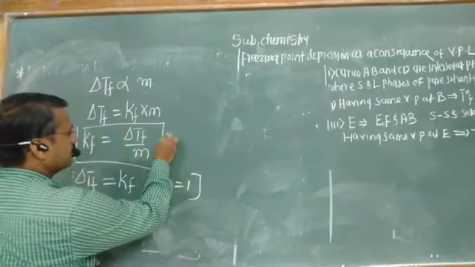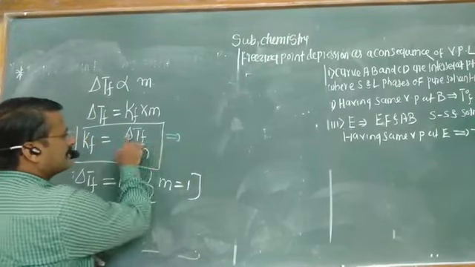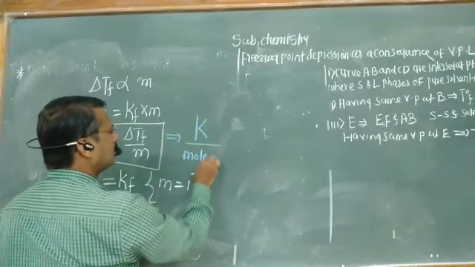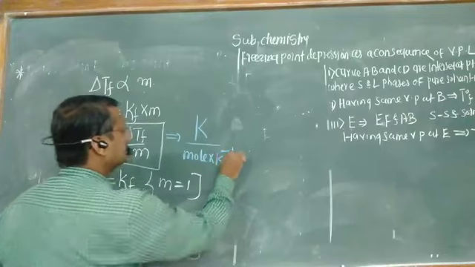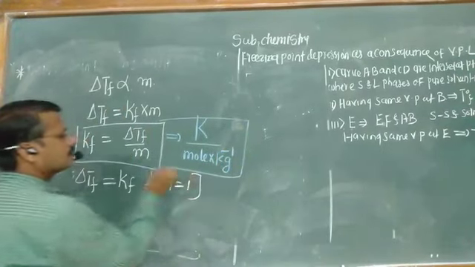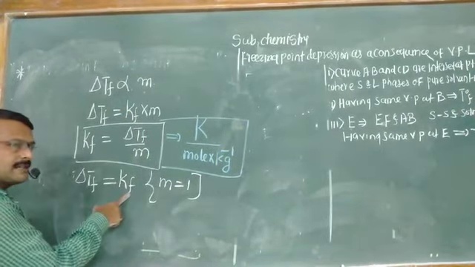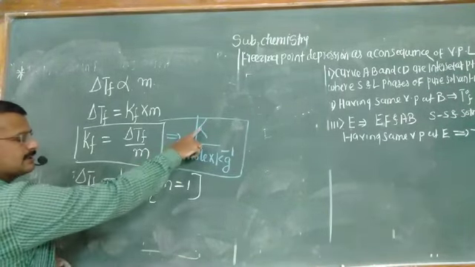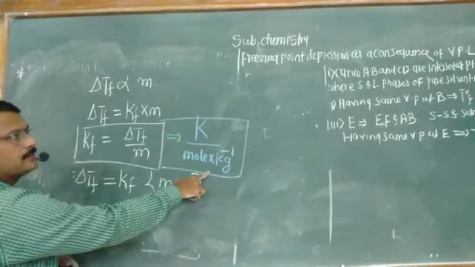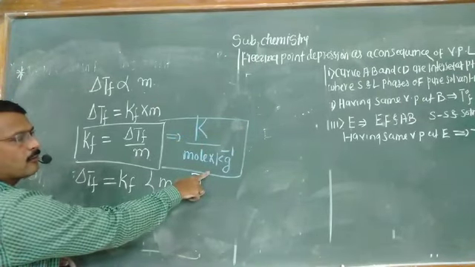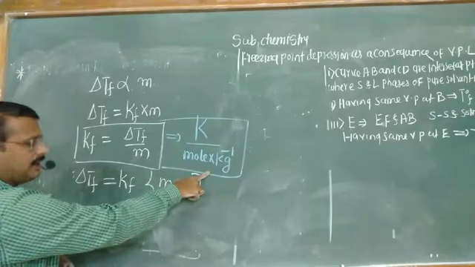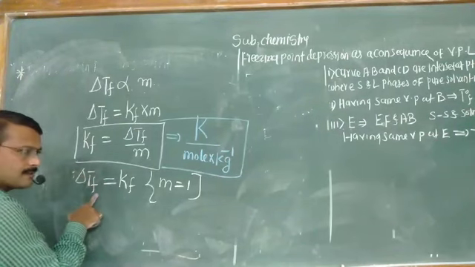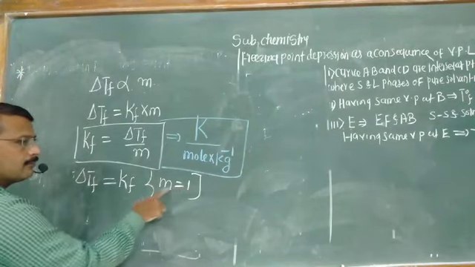Just see, delta TF is in Kelvin, and here molality is mole per kg. This is the unit of the cryoscopic constant. This is the cryoscopic constant or depression of freezing point constant. Okay, so the cryoscopic constant is equal to the depression of freezing point when the solution is 1 molal.